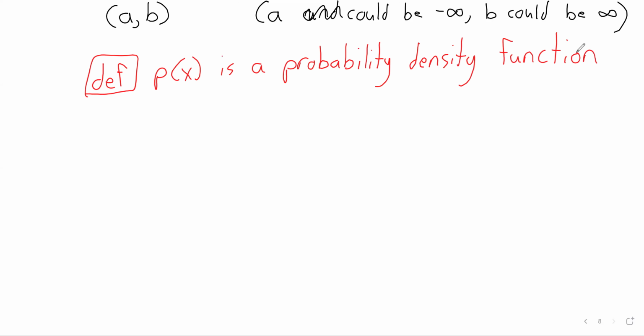So a probability density function is a function on this interval that has some properties. It's never negative. This represents probability, and probabilities cannot be negative.